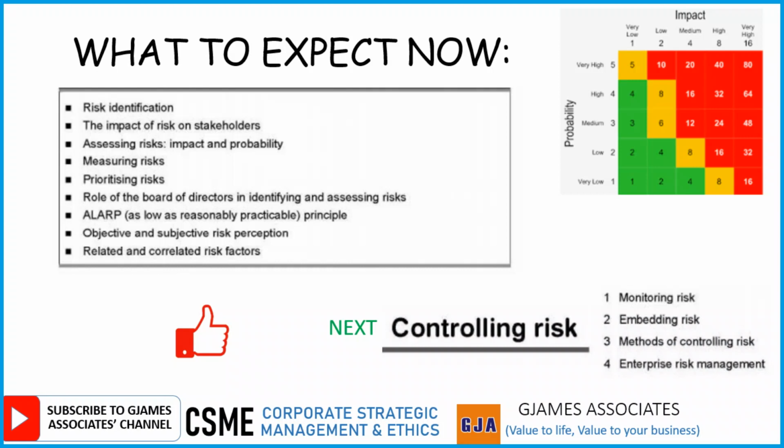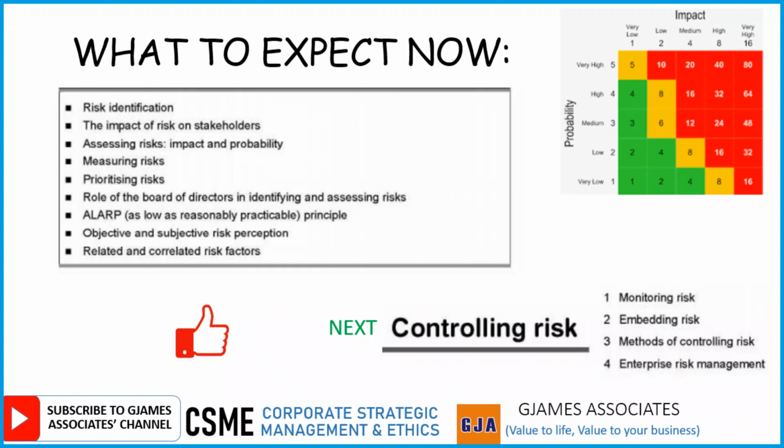Then we'll move on to methods of controlling risk. Under it, we'll be looking at the different approaches to controlling risk. We are going to talk about diversification, risk transfer, risk sharing, risk hedging, risk avoidance, and risk retention.